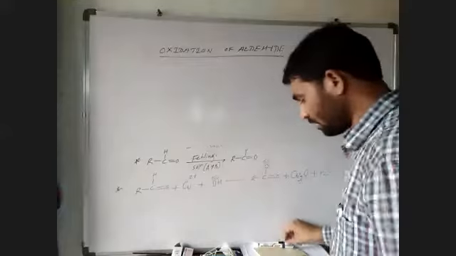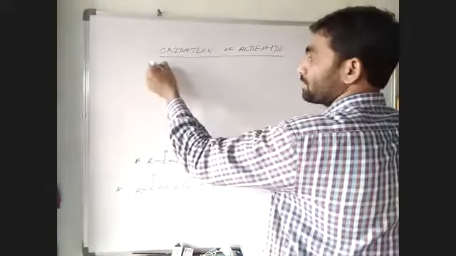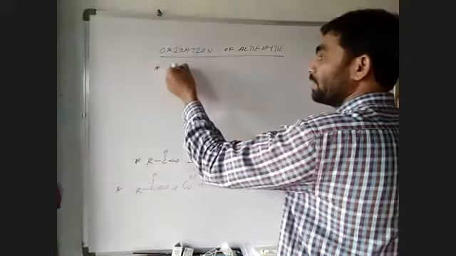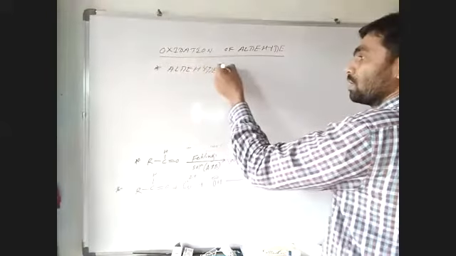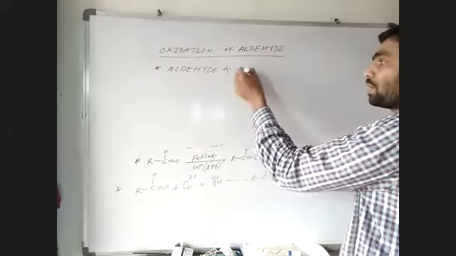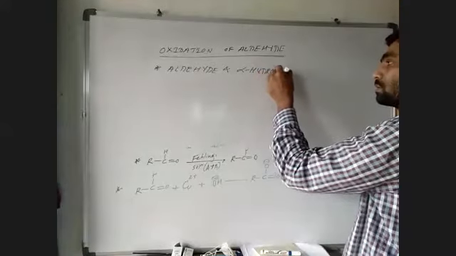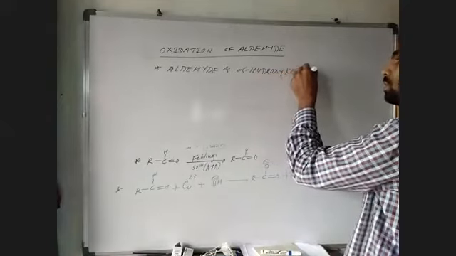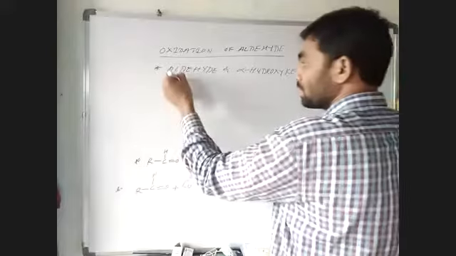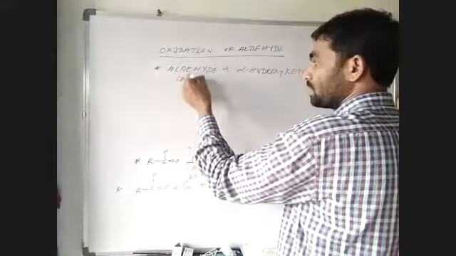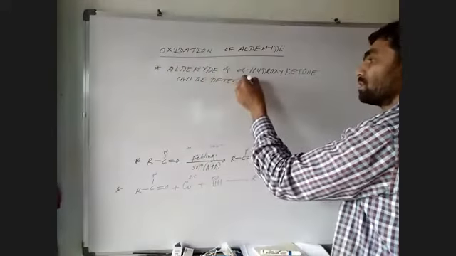Now we'll have the last point about this. Fehling's solution: the next point is that aldehyde and alpha hydroxy ketone can be detected by this test.